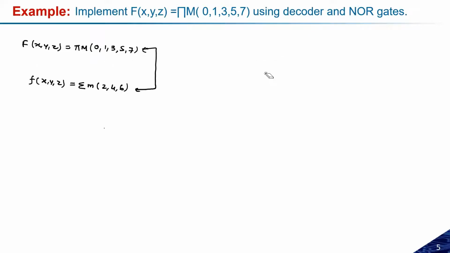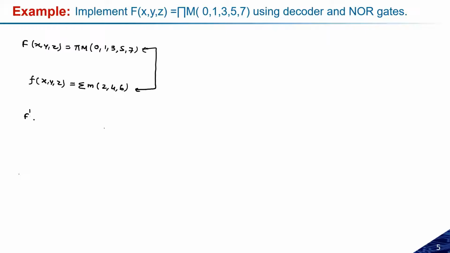Now if I want to find the complement of these two functions, what can we do? What will be the complement of these two functions? If I want to find the complement of this one, f dash, what will the complement of this one be?